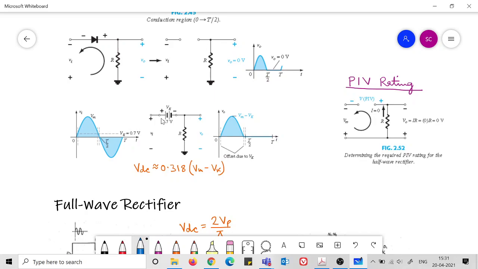So what would be the peak voltage at the output? It would be the peak voltage at the input minus Vk. Vm minus Vk is the peak voltage at the output. So the DC level that you are getting is 0.318 of that peak voltage.